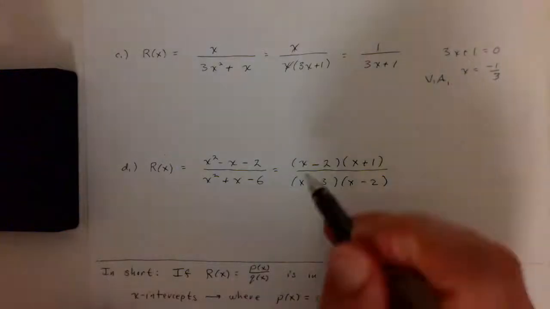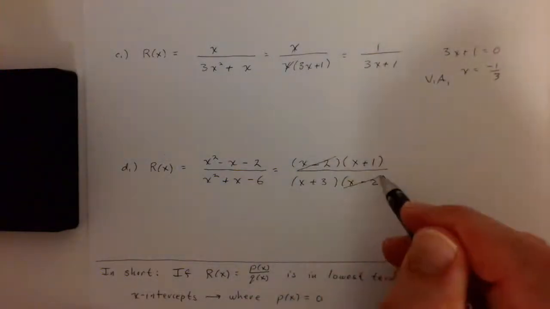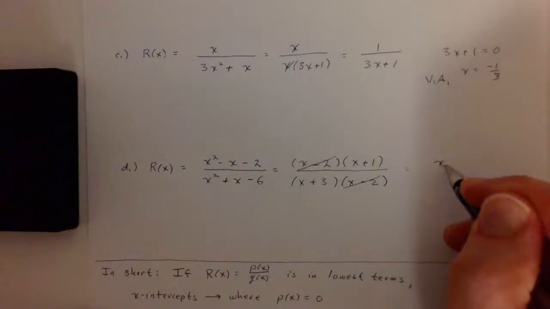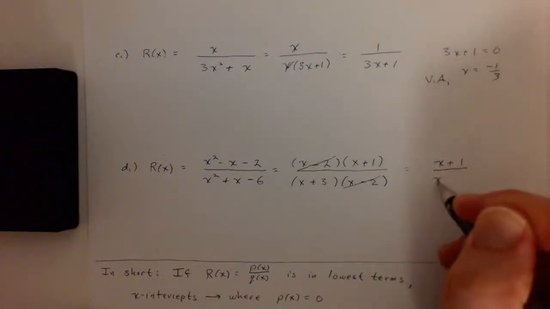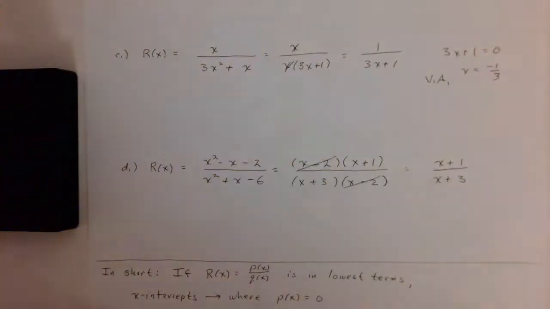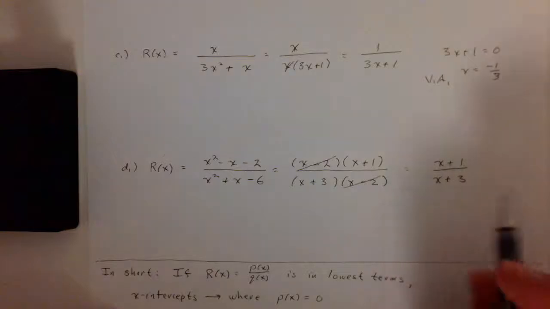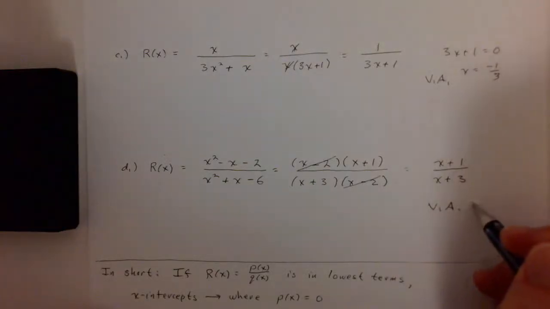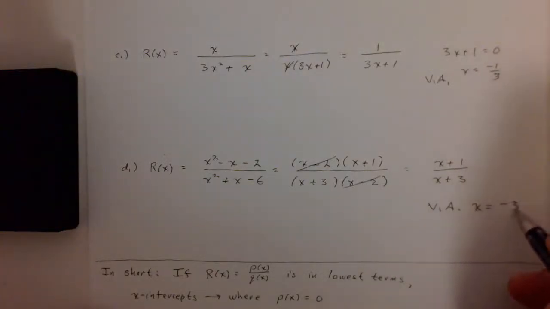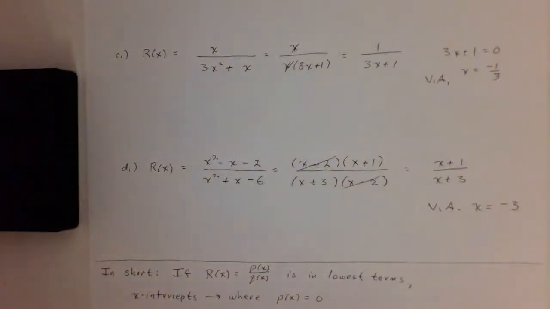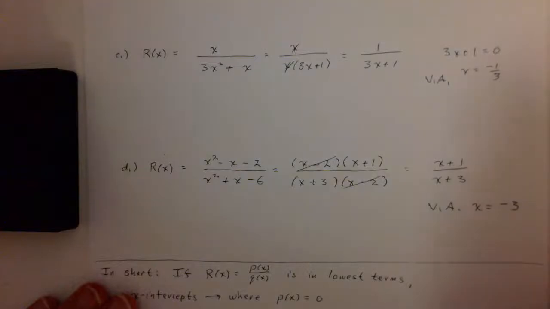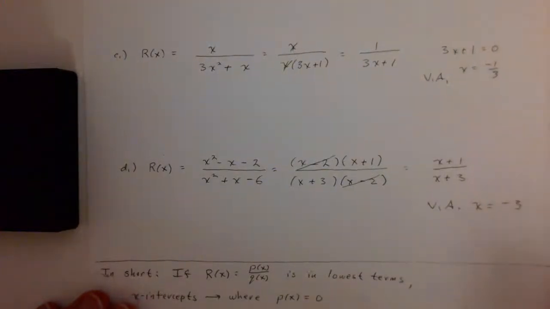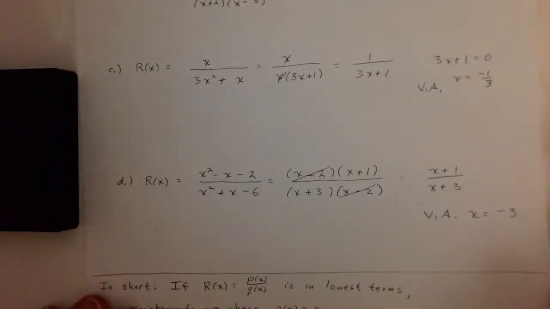We can see that the x minus 2's cancel, and so this becomes x plus 1 over x plus 3. Set the denominator equals 0, and you get the vertical asymptote will be x equals negative 3. So that's basically how you find the vertical asymptotes. It's not too bad as long as you're in reduced form or in lowest terms.